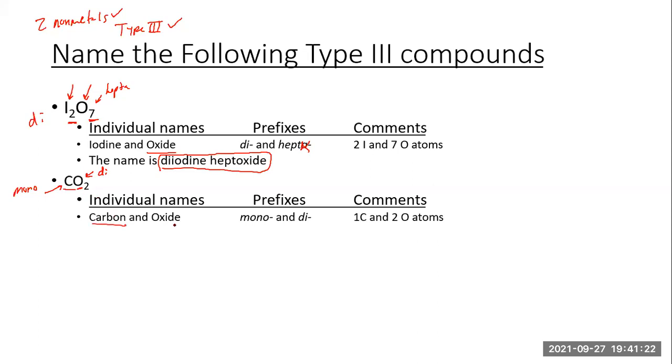The second guy gets the IDE. And remember that the one rule is mono is not going to be used on the first name. So in this case, we would just use the whole name, which is carbon. And then we would use the prefix for the second guy, which would be dioxide. So carbon dioxide here is our CO2. Any questions on that one?